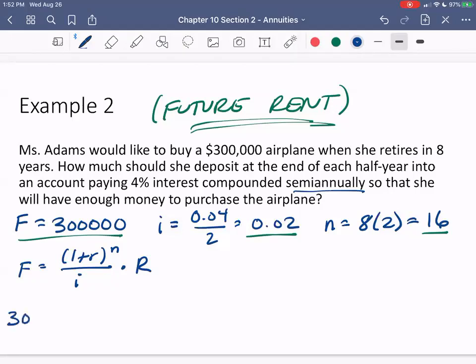My F is $300,000. It's 1 plus, our small r, our rate was 4%, 0.04.